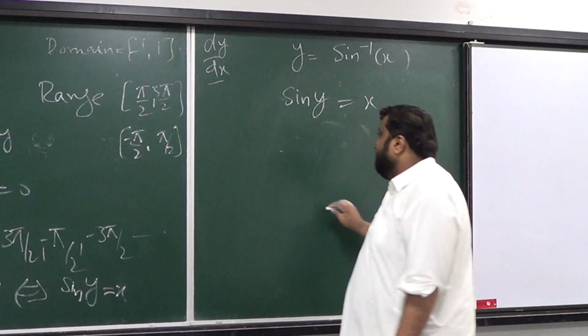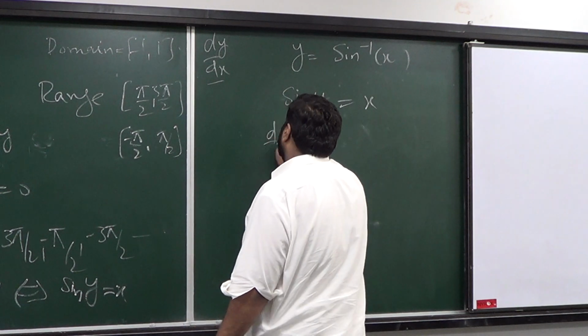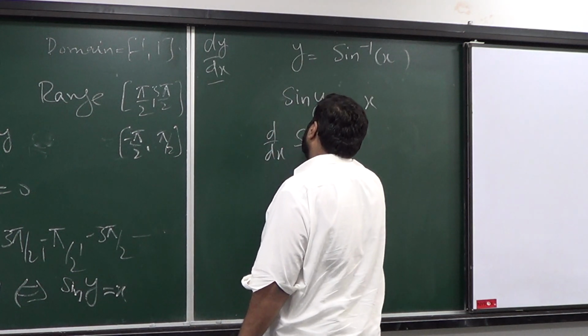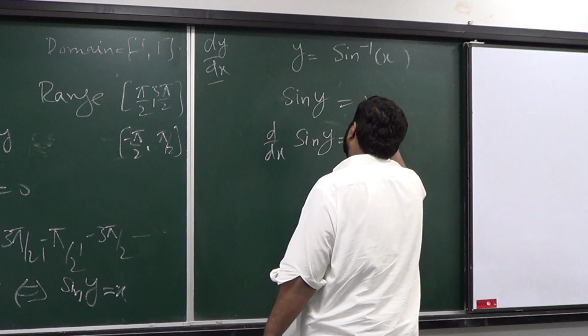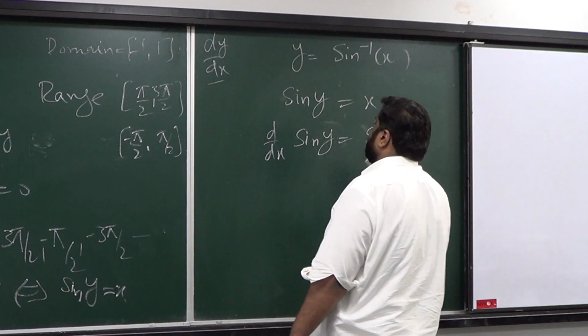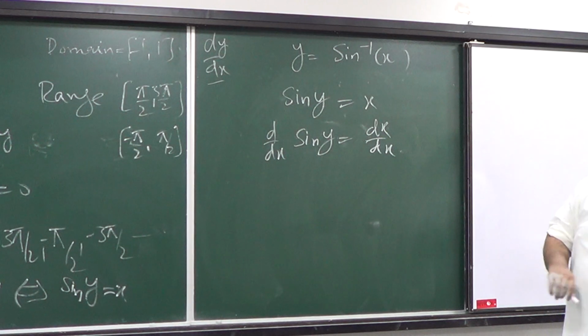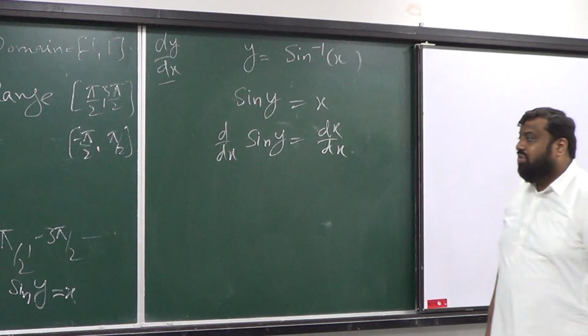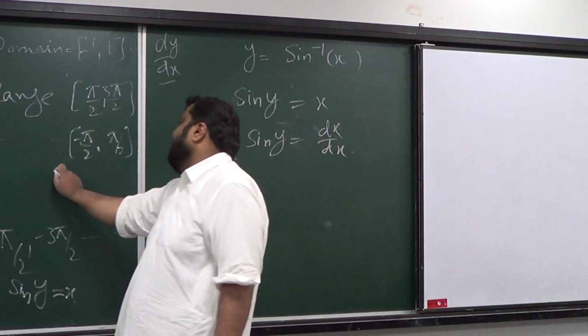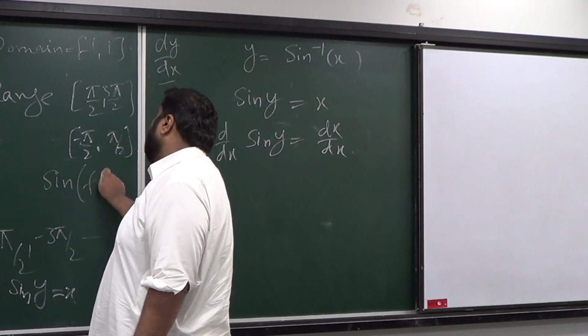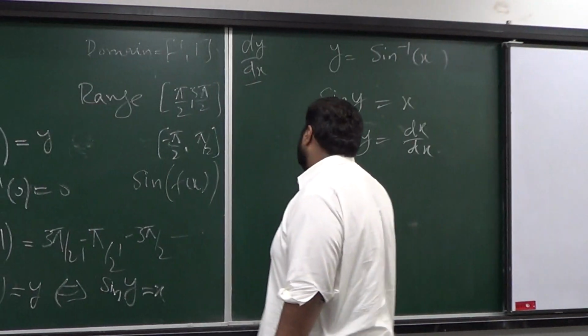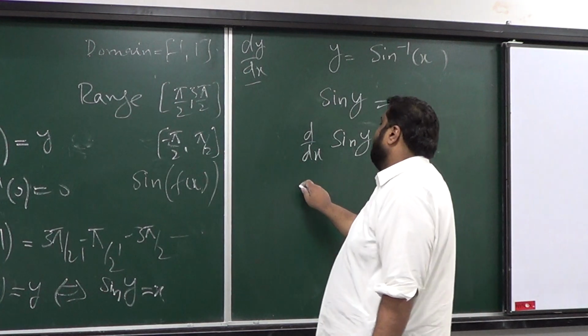What you can do is differentiate both sides with respect to x. So sine y and dx by dx, where y is a function of x. This is really a situation like sine f of x. So how do we differentiate this? We need to apply the chain rule.